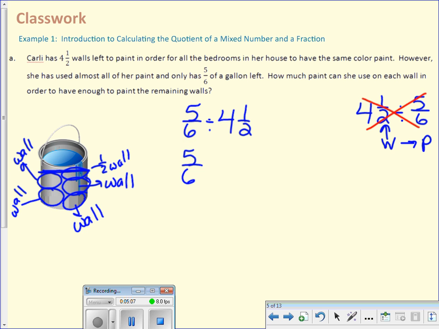So 3, 2, 1. And then I can multiply by the inverse. What is the inverse of 4.5? Not 4 and 2 over 1, so what do I have to do first? 2 times 4. Right, I'm going to take that mixed number and make it an improper fraction.